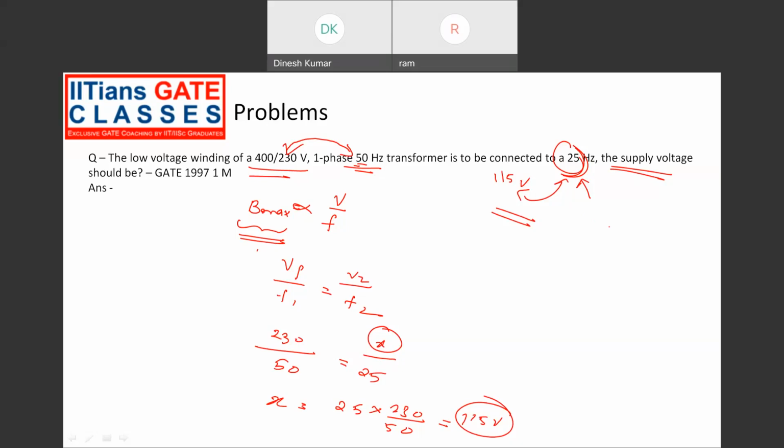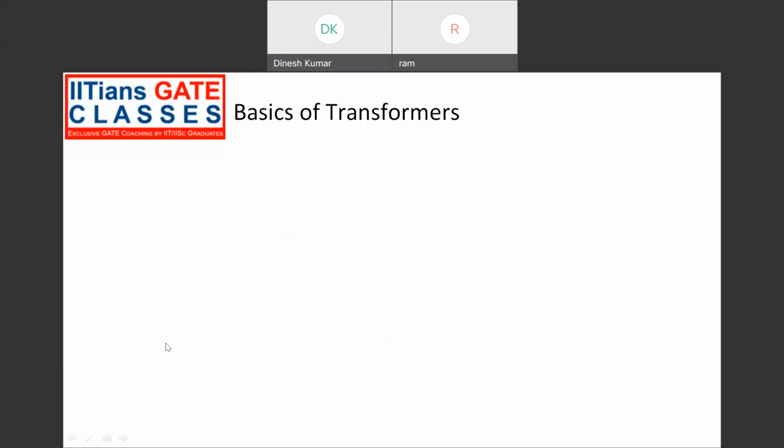Okay, we'll go to the next slide. Earlier we have seen the diagram of a transformer at no load condition, considering the transformer has finite permeability and iron losses are present.